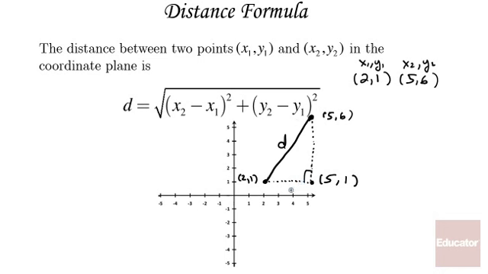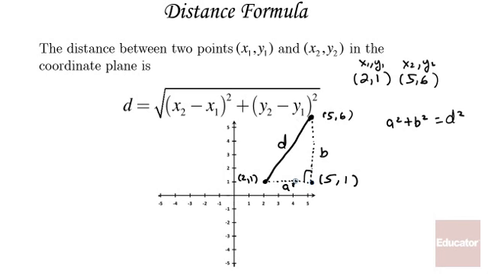Well, I know by the Pythagorean theorem that these 2 sides, call them A and B, are related by the Pythagorean theorem. And if the hypotenuse here is D for the distance, A squared plus B squared is going to equal D squared. Now, the question is, how do you find the lengths of the sides A and B?